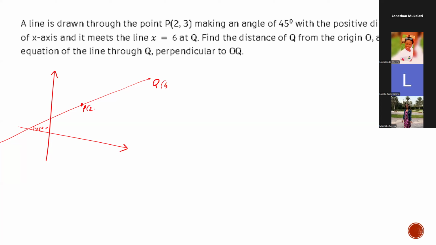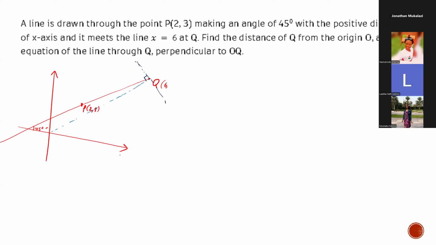This is 2, 3. We've been asked to find the distance of Q from the origin, so we want to find that length right there, and then the equation of the line perpendicular to OQ. So we're going to have another line going through Q, but perpendicular to OQ.